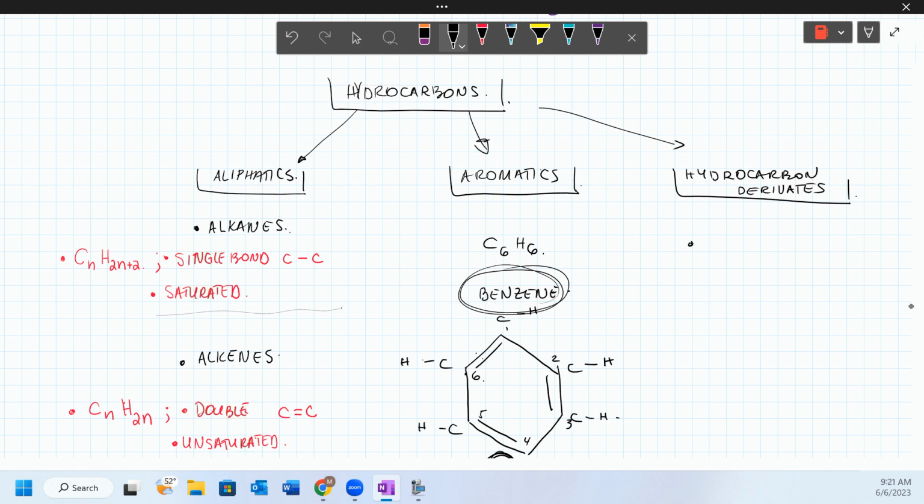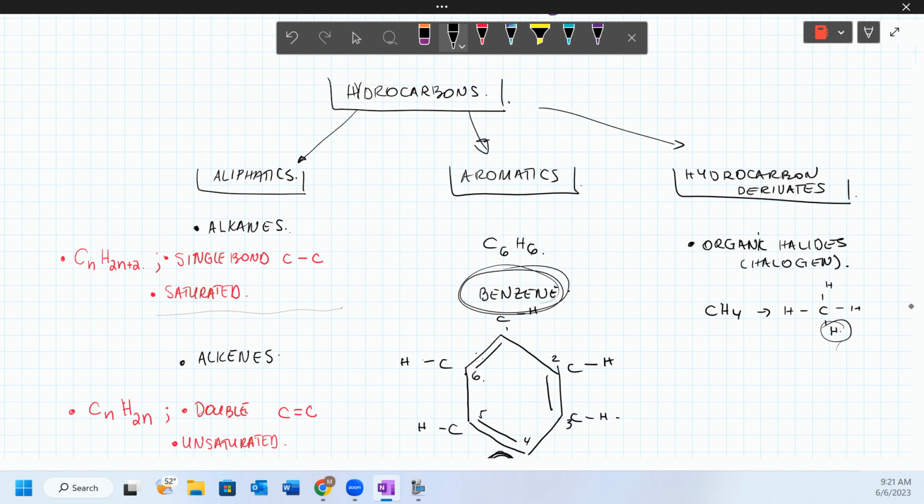They can be, the first one is organic halides. What is happening in those is that one of the hydrogens is replaced with an element of group 17. So when we have, let's say, CH4, when we write it as a structure, it is a hydrogen and then a carbon like this.